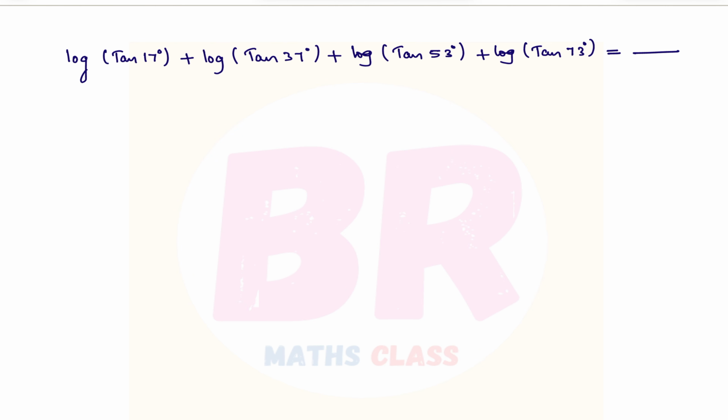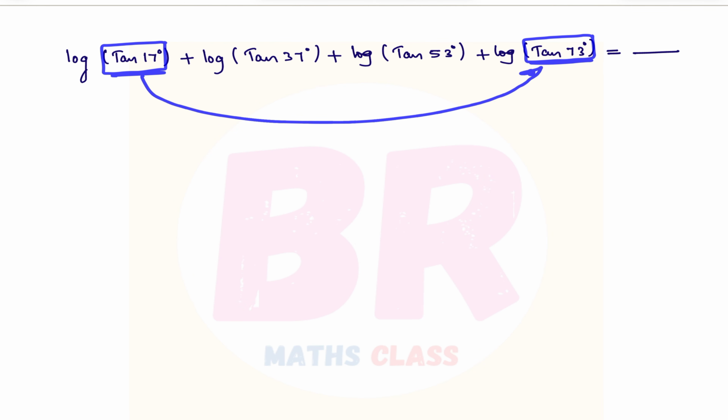Okay, here logarithm is there. I know from logarithms, log m plus log n formula is log mn, right? Log m plus log n equal to log mn. Here, I'll take this as m, I'll take this as n. I'll match these two, log m plus log n is log mn.